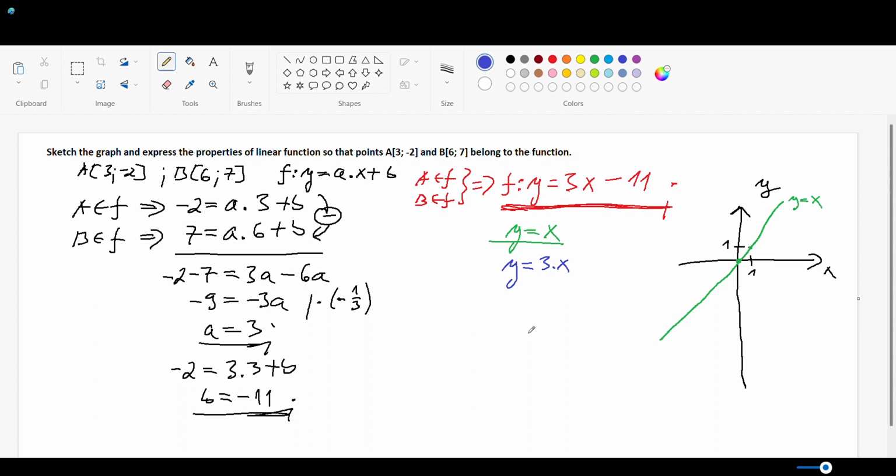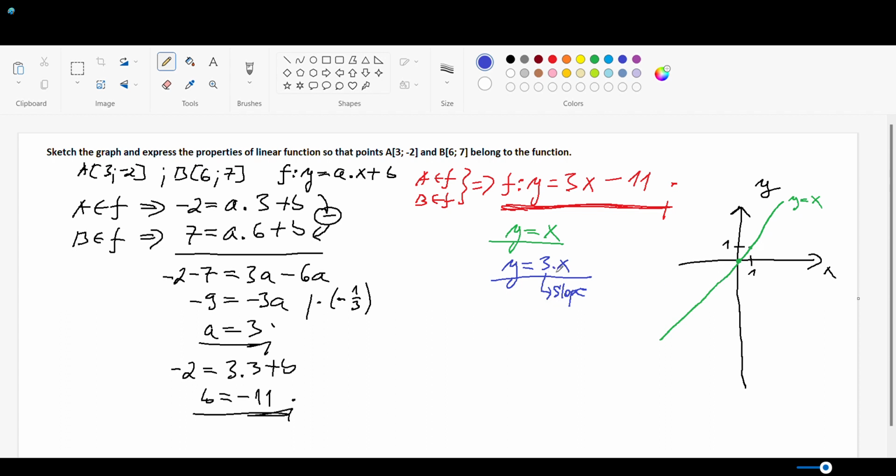So we will now try to draw the graph of the function defined by the equation y equals 3 times x, which basically means, and I was explaining what the number 3 represents here, and as you probably remember, this is called slope, and it defines whether the function is steeper or not steeper than the parent function. As this number is 3, greater than 1, the graph will be steeper.